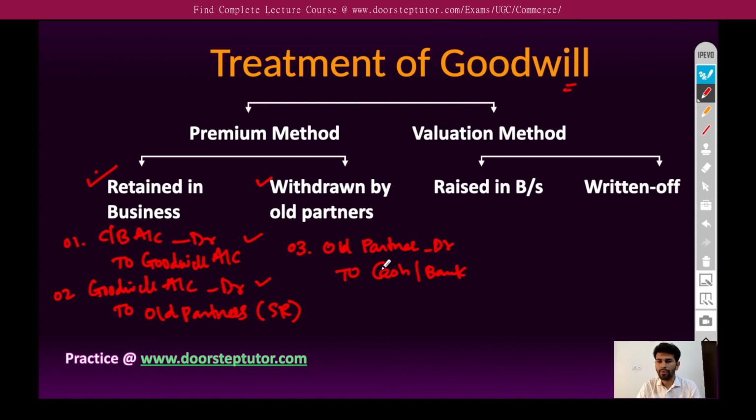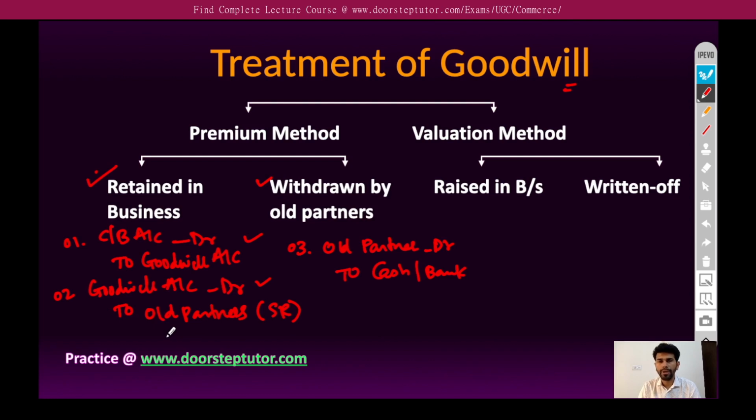Credit what goes out. So when the incoming partner brings goodwill in the form of cash, the journal entry will be cash or bank account debit to goodwill account. The amount of goodwill will be distributed among old partners in sacrifice ratio. The journal entry will be goodwill account debit to old partners capital or current account.